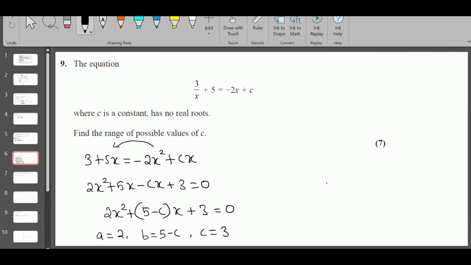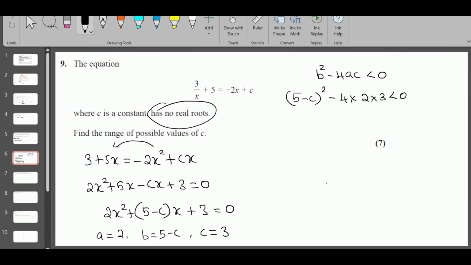Now when there are no real roots, the condition is b square minus 4ac is less than 0. So b square minus 4ac is less than 0. Expand it, (5 minus c) whole square, you will get 25 minus 10c plus c square minus 4 times 2 times 3, which is 24, is less than 0.